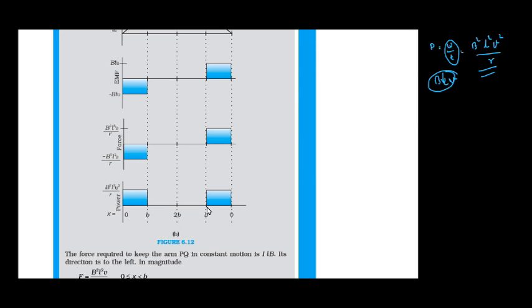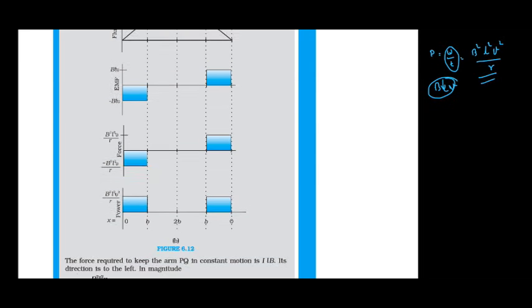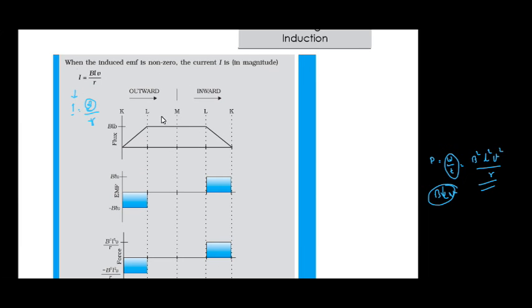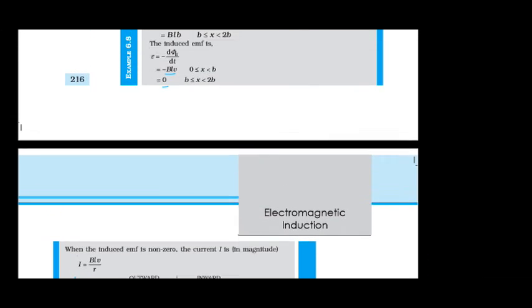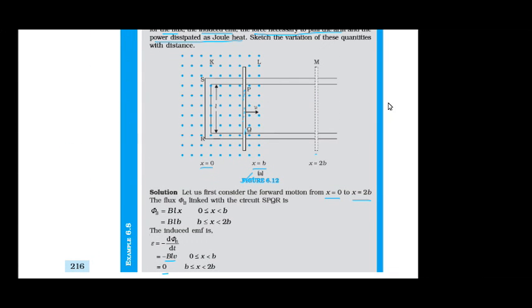B to 2B here, what happens, it moves parallel. So here 0 to B we have proved, from B to 2B we have 0, again from 2B to 3B again 0, and again from 3B to 0 there is some work done.